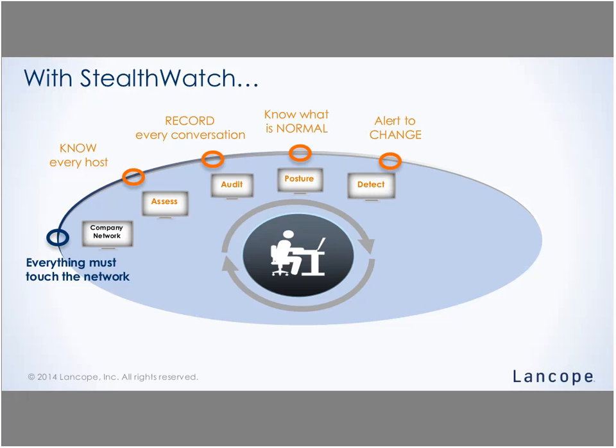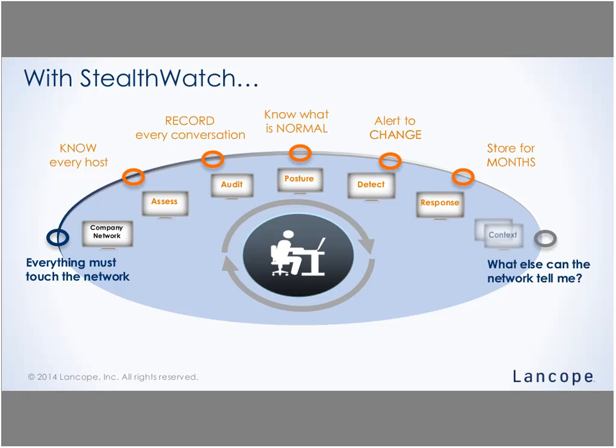Alerting to when there are changes, whether they're known bad changes, known bad behaviors, or if they're just anomalous changes, either impacting the business, a misconfiguration, or breaches like the ones we're discussing today. And really, our ability to store that information for a very long period of time is one of the key reasons many organizations rely on Lancope and StealthWatch.